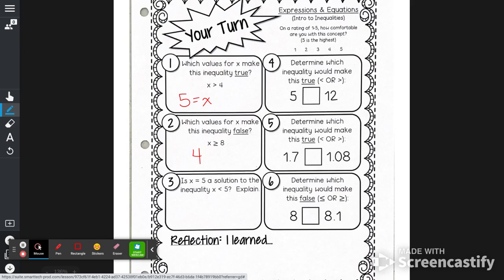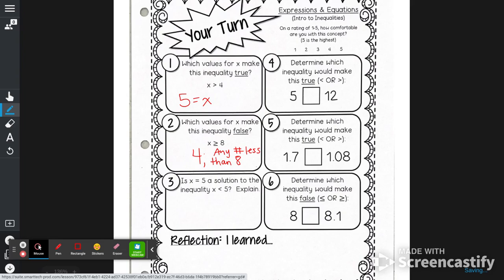Is that correct? No. So any number that is less than 8 would work, right? So that could be our example. We could say any number less than 8.